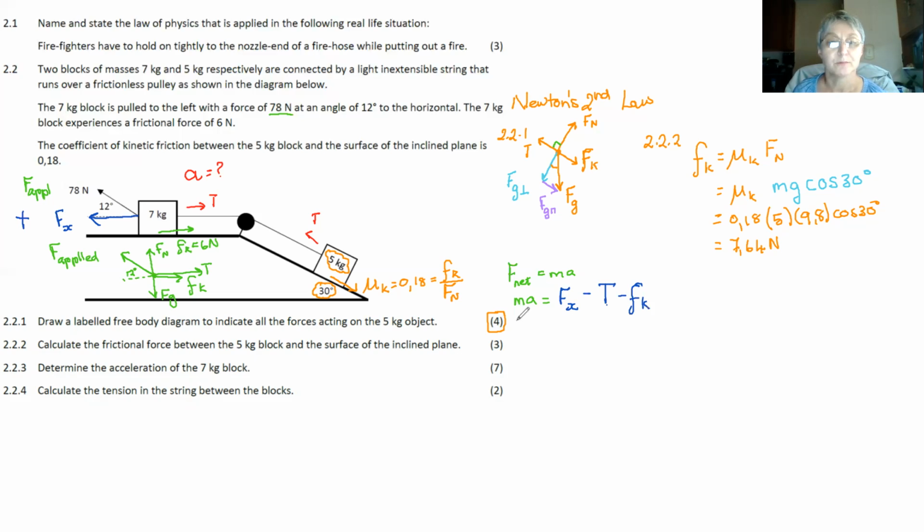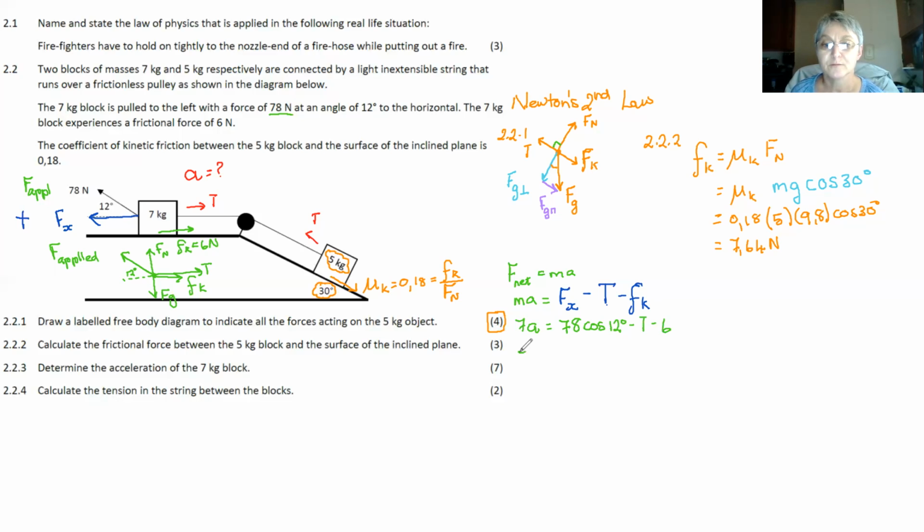So here we go. The mass is 7. Acceleration is unknown. The x component of the applied force is 78 cos of 12 degrees. The tension we don't know, and the friction is given as 6 newtons.